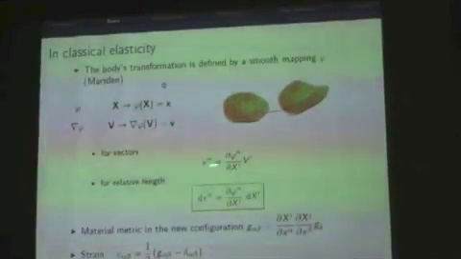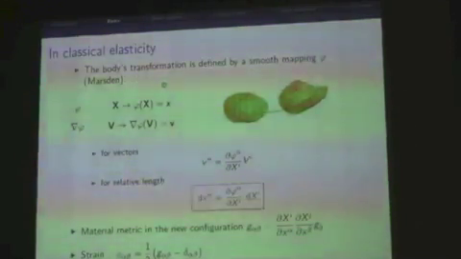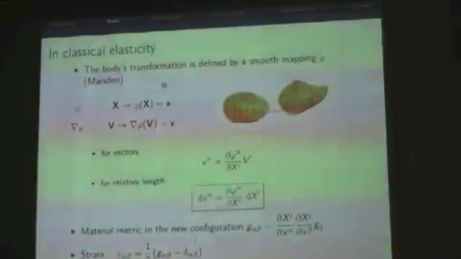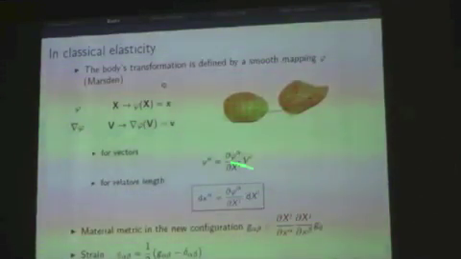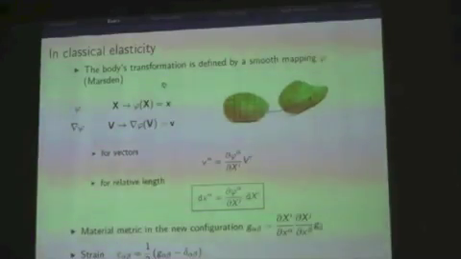So we can link the actual vector with the referential vector thanks to this gradient. We can also link the relative length dx thanks to this gradient. So these are the main tools to do elasticity in the general situation.